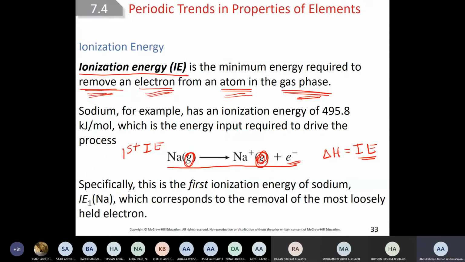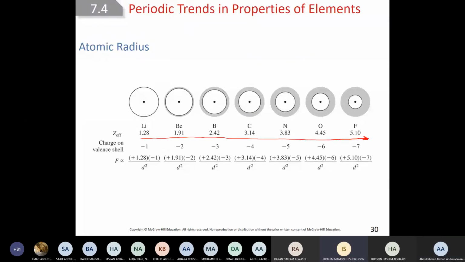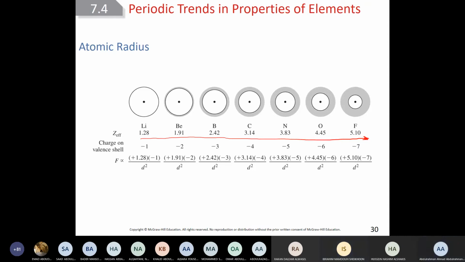And this is the reaction that represents sodium. We know that this is Z effective. What happens if you go across the periodic table with the Z effective? It becomes bigger. And what happens to the size of the atom?